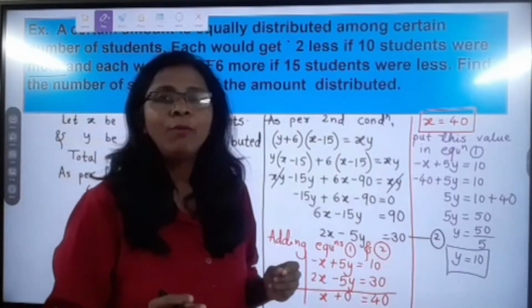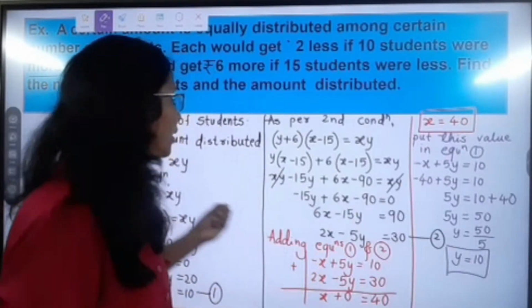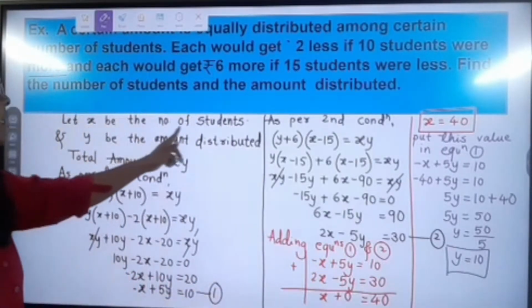Now we have to consider x and y. Let x be the number of students.